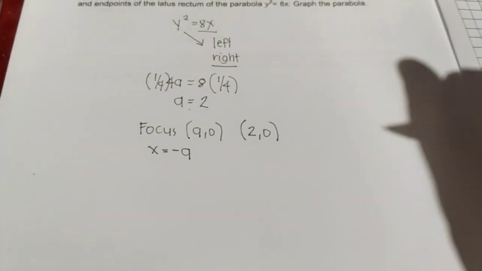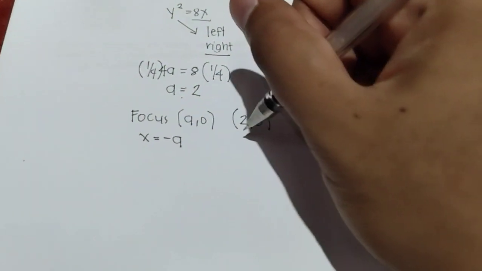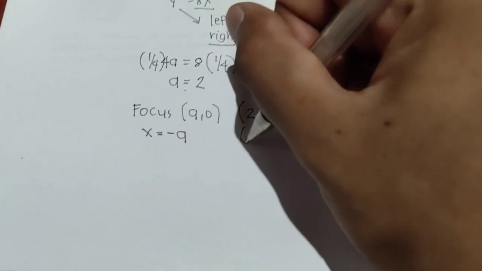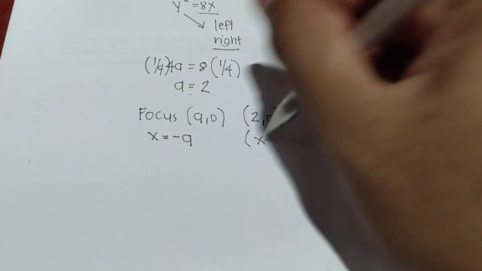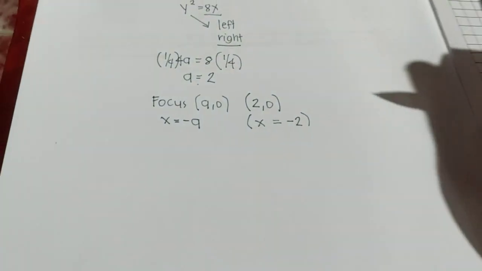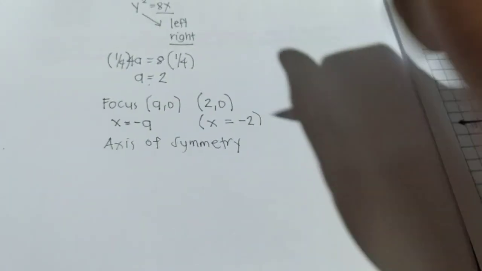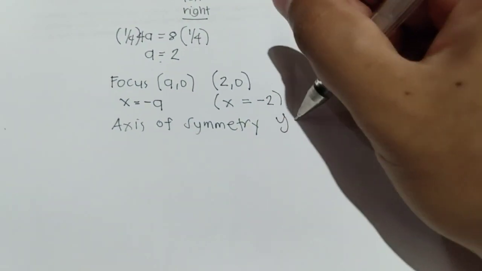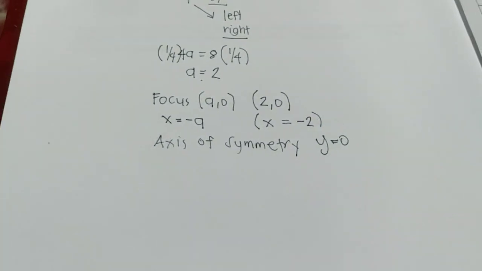So the line of the directrix of this parabola is x equals negative 2. And the axis of symmetry of this parabola is y equals 0.